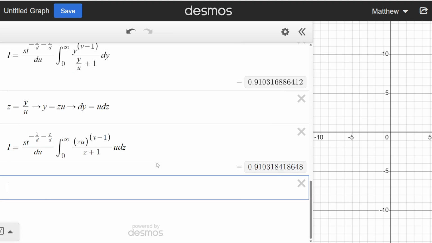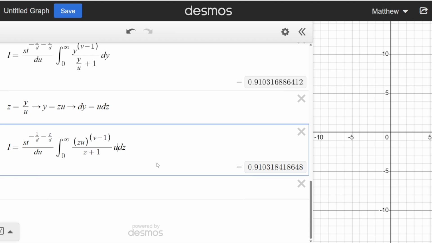So this u, of course, is going to cancel this u. And then we can break this up into two separate exponentials. One of them is u, and the other one is z.